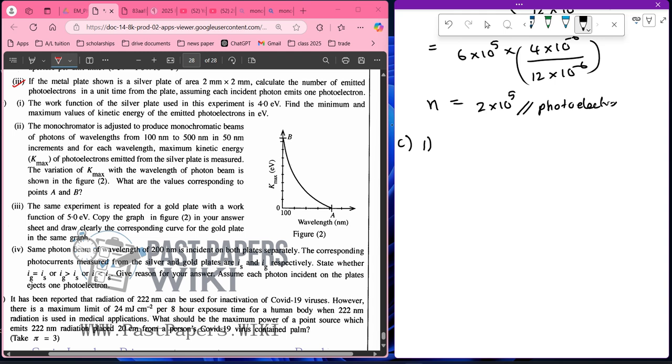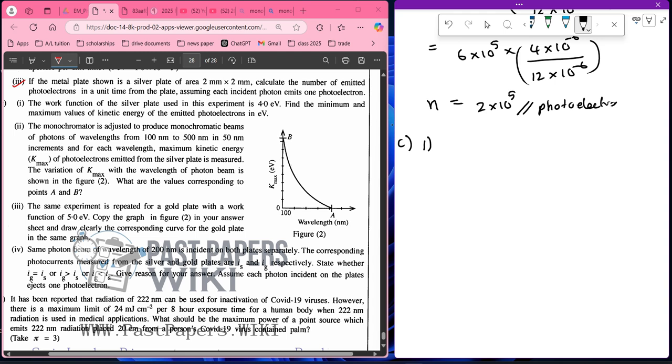The work function is given, and we need to find the minimum and maximum kinetic energies in electron volts. For that, we calculated in the second part that the energy of 100 nanometer photons is 12.4 electron volts. We got it at the very beginning. Hope you remember that.